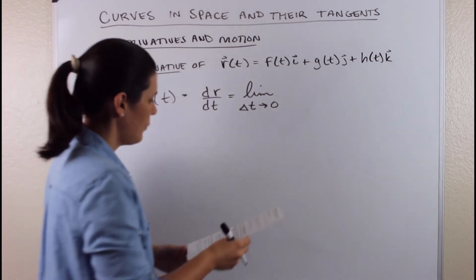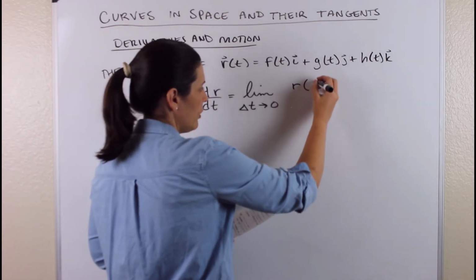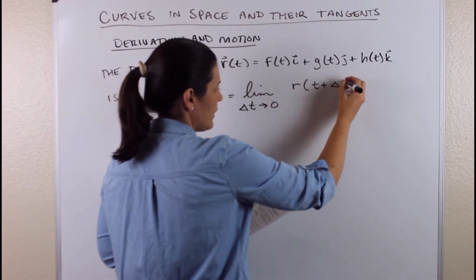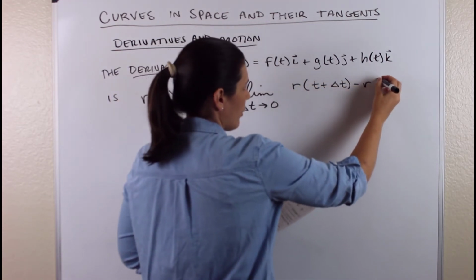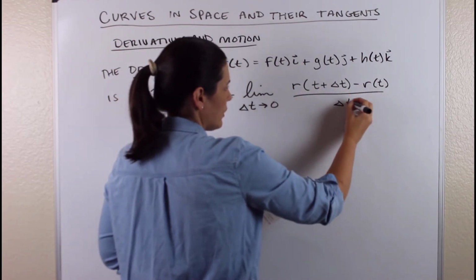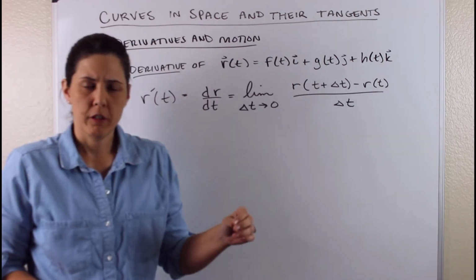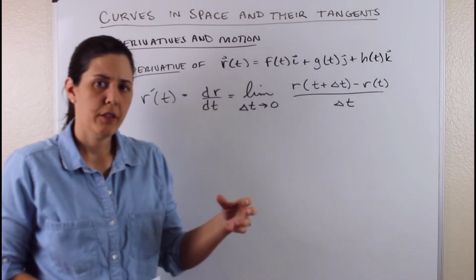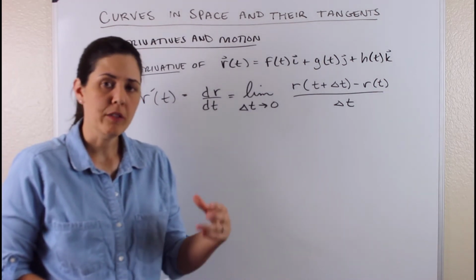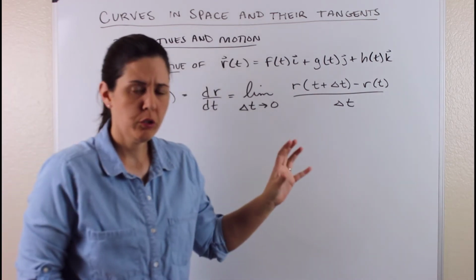And this expression is r of t plus delta t minus r of t, all over delta t. Now, if you remember learning the limit definition for the derivative in Calculus 1 for scalar functions, this is the same thing. Let me just show you so you remember.